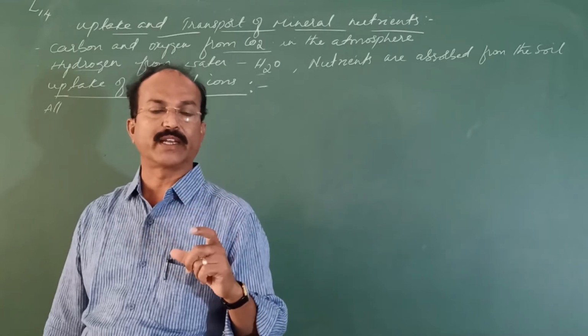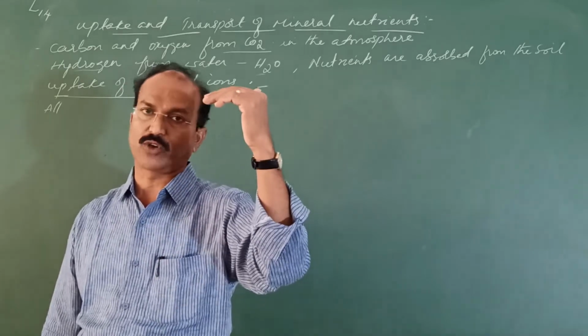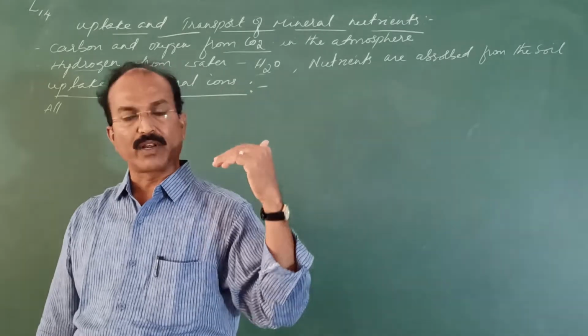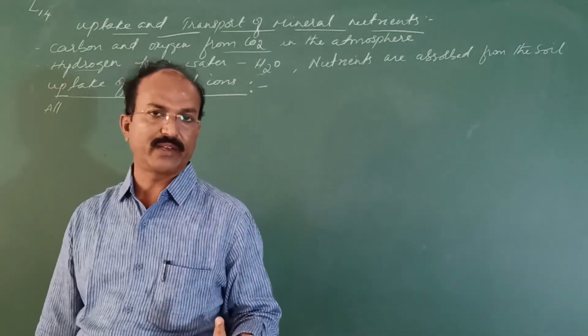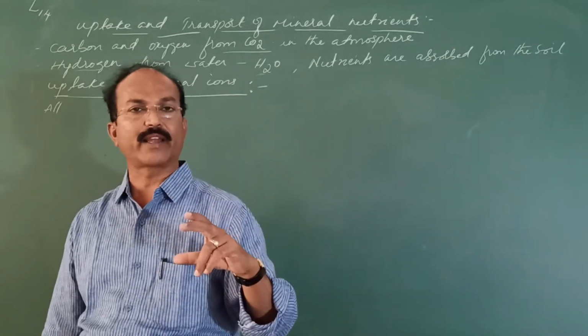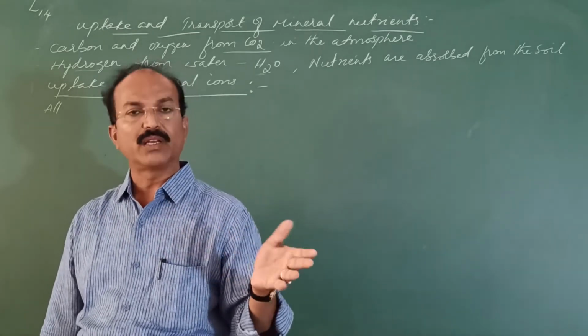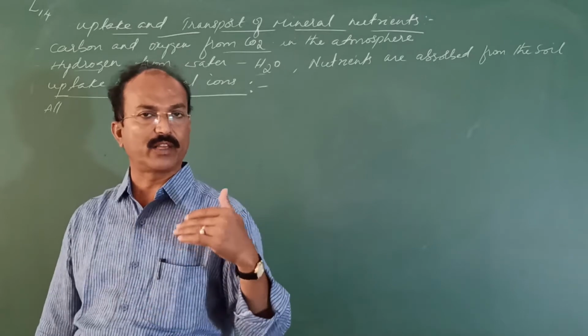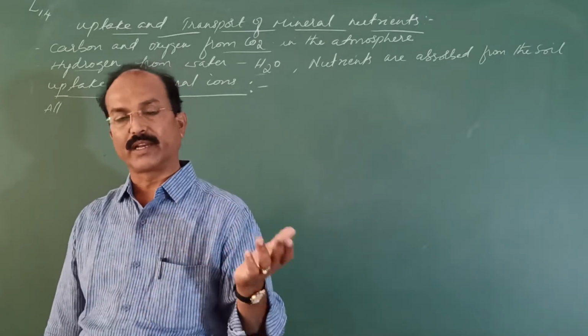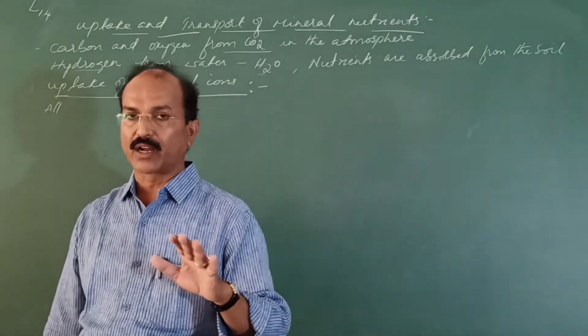against the concentration gradient. From low to high they have to be transported, no? From high to low, they are easily passively transported. All the time passive absorption alone does not occur from the soil into the roots where the mineral ions move. There passive absorption alone cannot work.